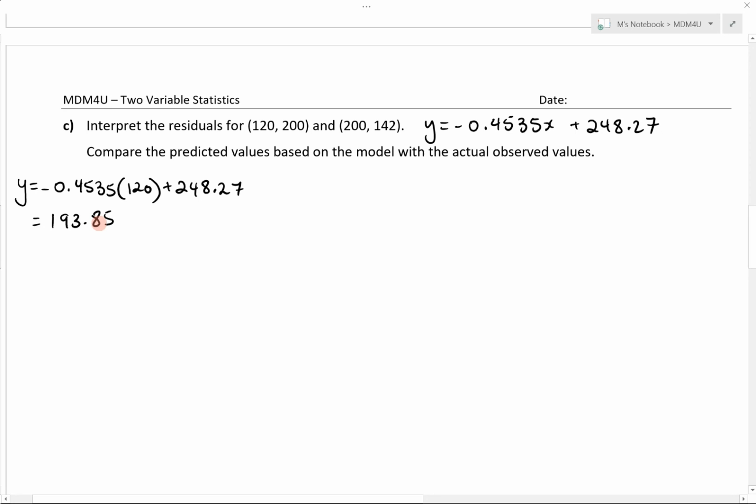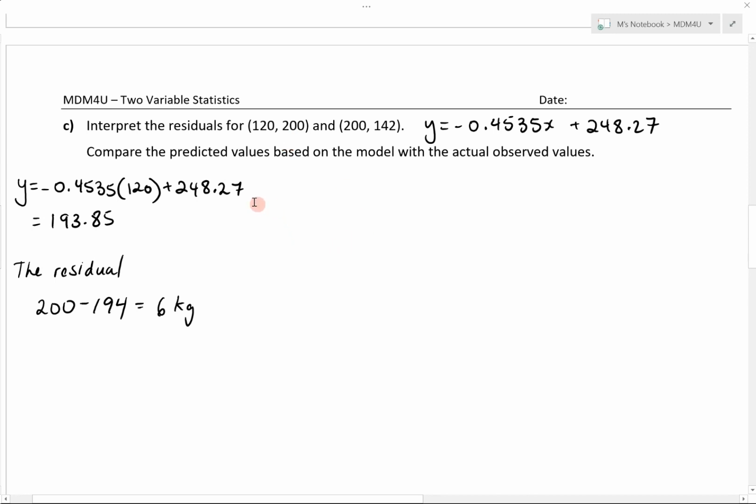So I can say that the linear model predicts a mass of about 194 kilograms, while the observed y value was 200 kilograms. So what's the residual? The residual is going to be 200 minus 194. I'm rounding this for simplicity, and that's going to be a residual of 6 kilograms. So the observed value is 6 kilograms higher than we expected.